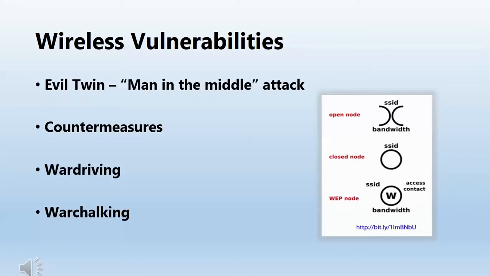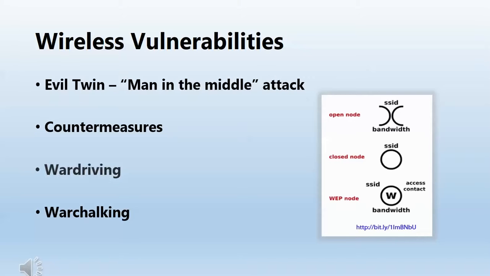The IDS and IPS can also alert to the presence of rogue APs. MAC filtering is not as effective in a large business because there's just too many MACs to manage, and also MACs can be spoofed.